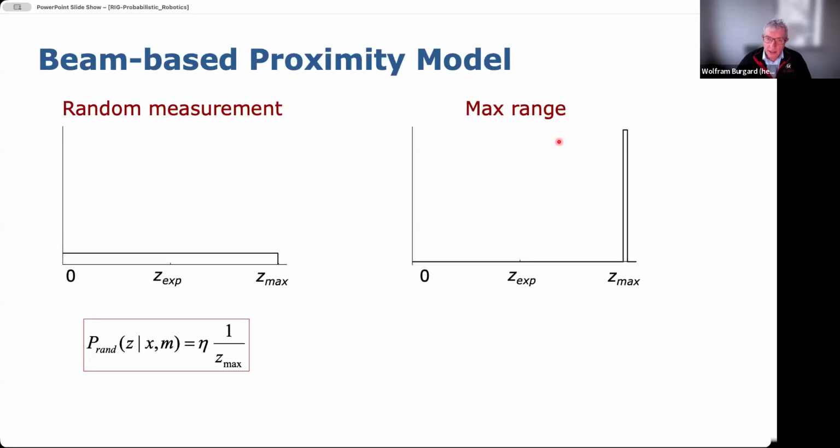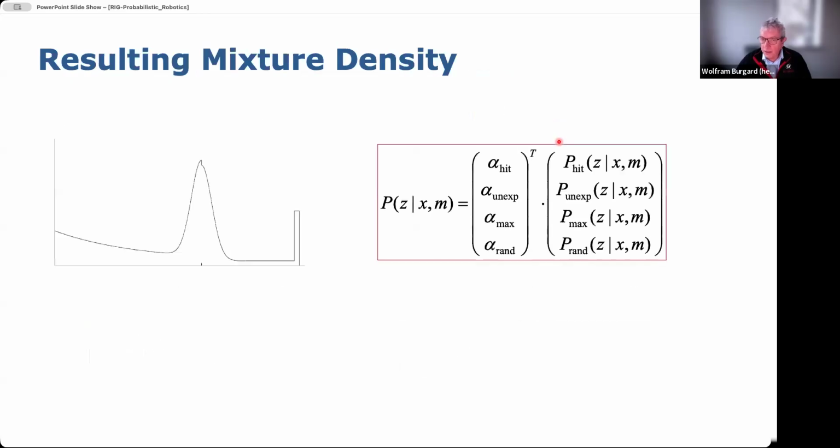And the resulting likelihood function is nothing else but a linear combination of those four components. So we have scaling parameters over here, and then mix them up with the scaling or mixture parameters. That's what we are doing here.